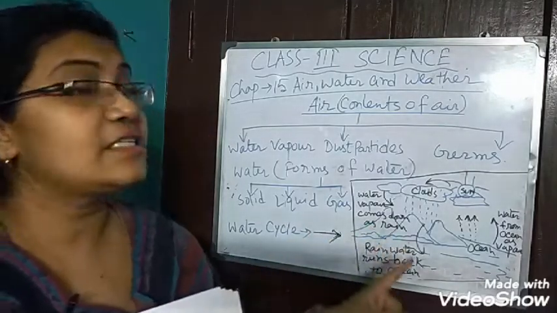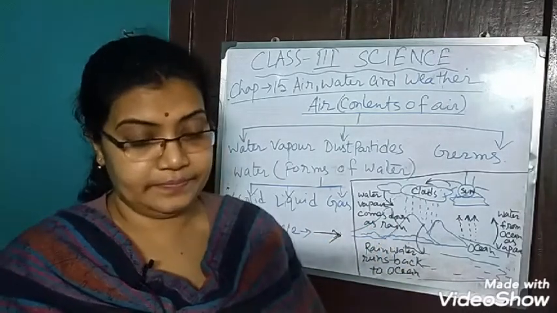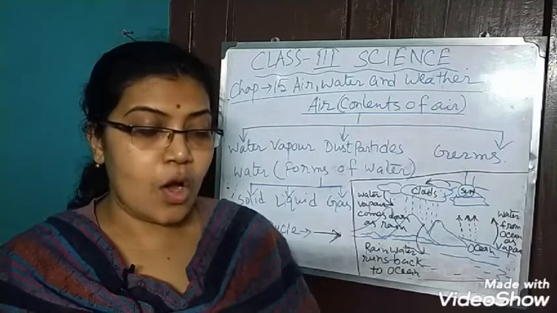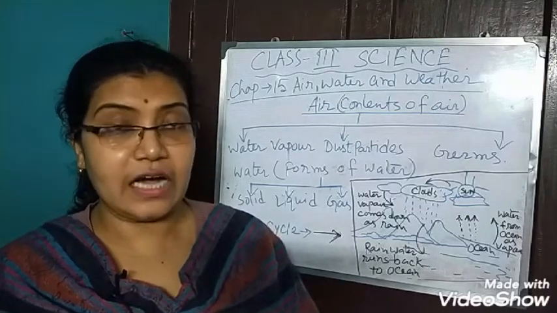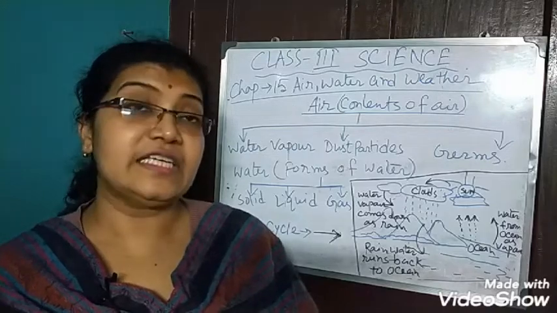This is the water cycle. What is that? You know that almost 3/4 parts of the earth is water and the rest is land.